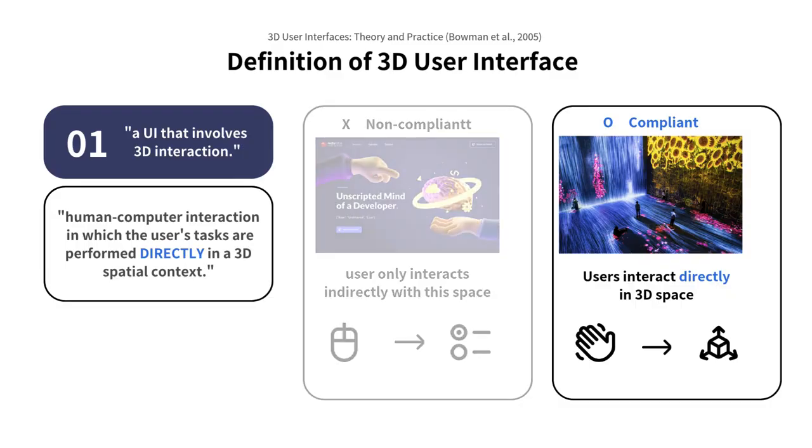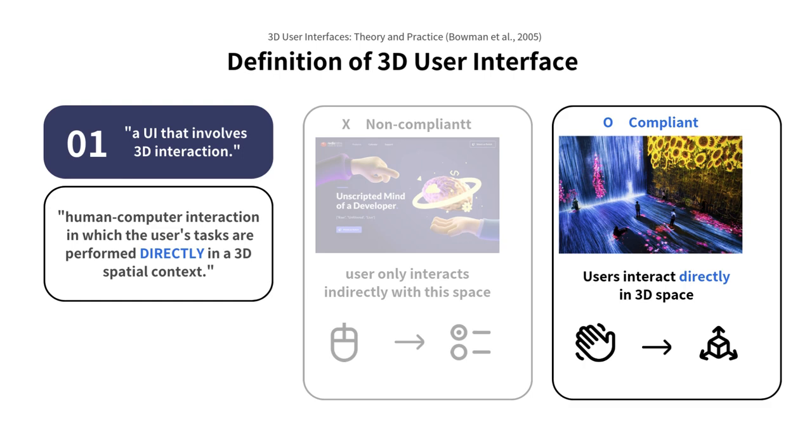To understand 3D UI rules, we need to define what 3D UI is. The article gives two definitions. The first is when users can interact directly in 3D space. This 3D space can be real or virtual.